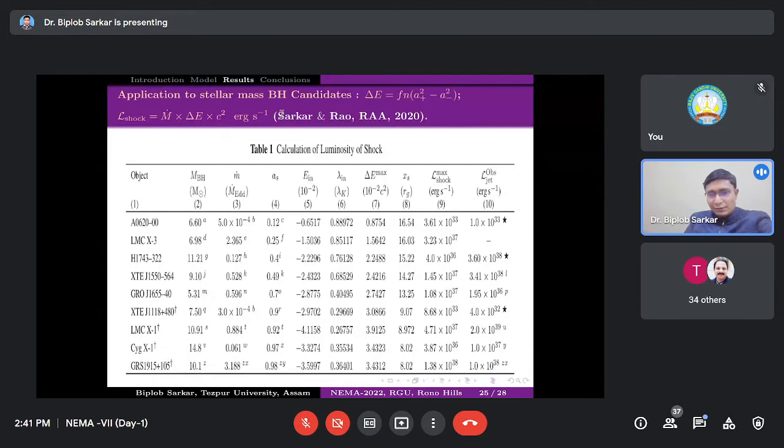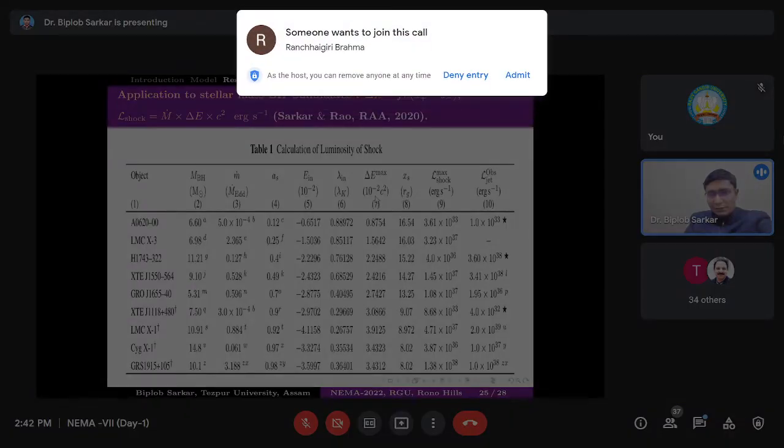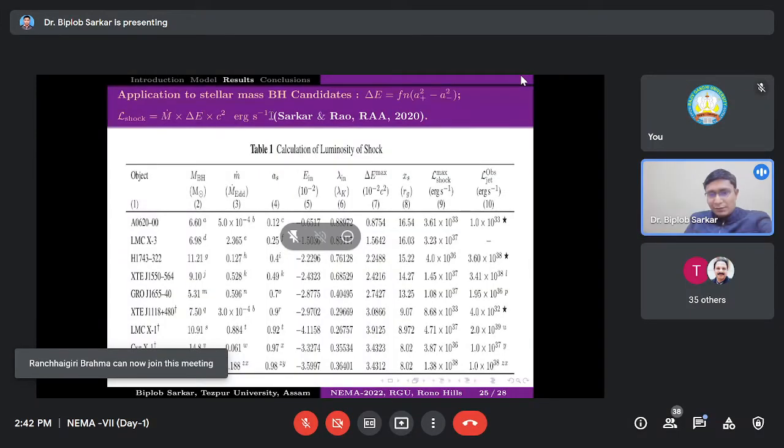Here we have considered dissipative shocks, where a fraction of energy is dissipated across the shock front, and for these 9 sources we have taken the values of the black hole mass and radiation parameter from the literature. We have tried to model the maximum dissipated energy across the shock front, and thereby calculated the shock luminosity using this relationship.